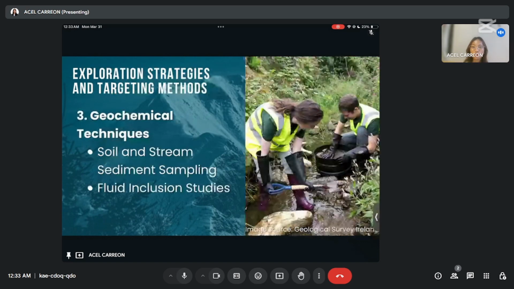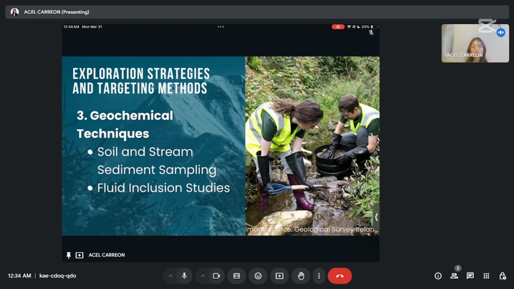We can also use geochemical techniques like soil and stream sediment sampling, where it detects anomalous concentrations of minerals. This is commonly observed in gold mining operations where they collect traces of gold in the stream or in nearby rivers.